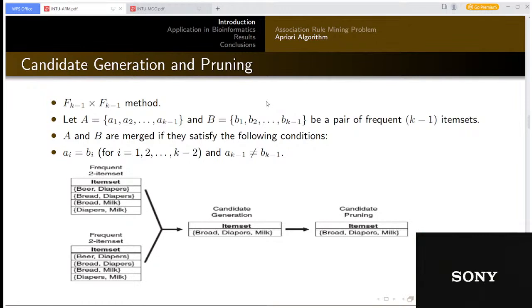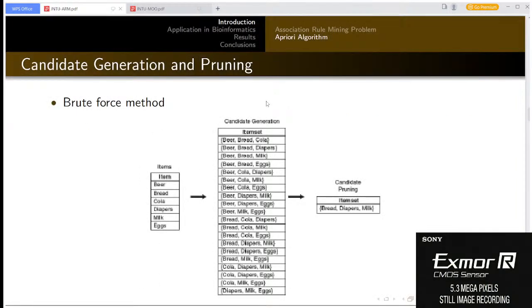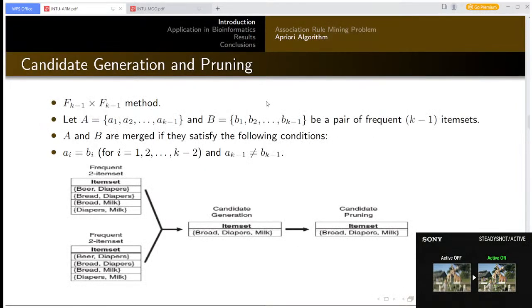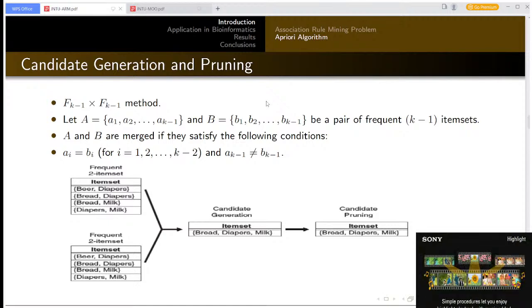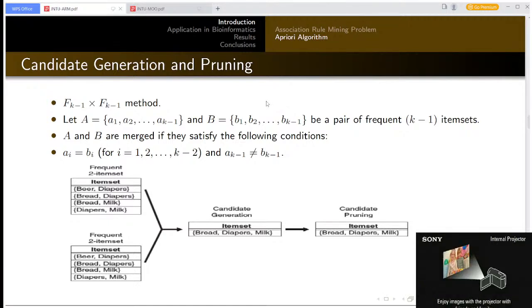But the basic idea, though it might be difficult to understand quickly here, is that it is definitely reducing a lot of computations. In the brute force method, you have this many computations, and in this method you have only one computation, right? So this is the advantage of the Apriori algorithm and the Apriori property that was proposed in that 93 paper.